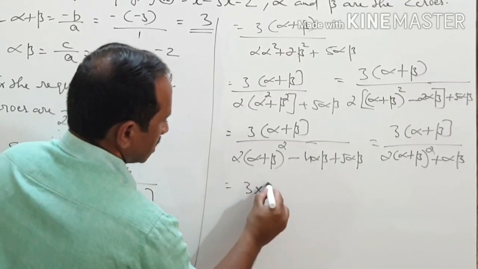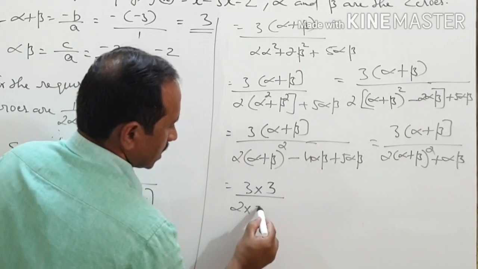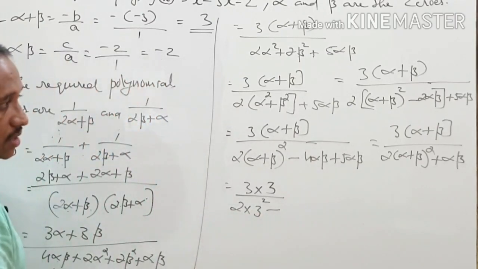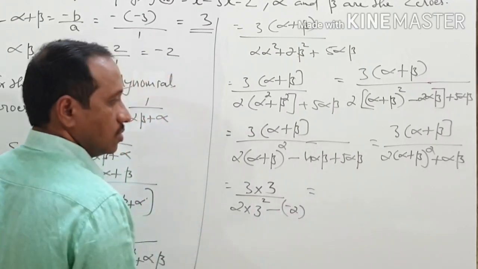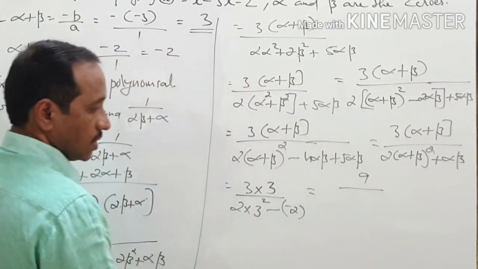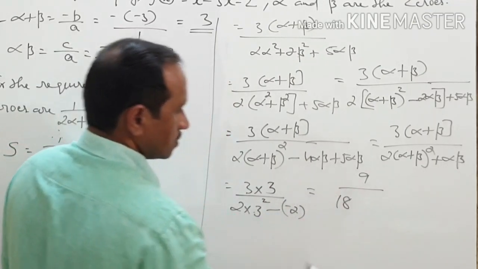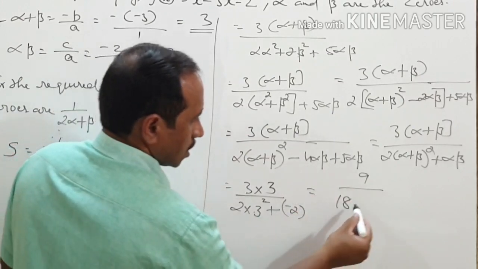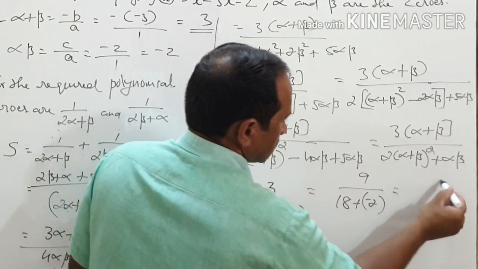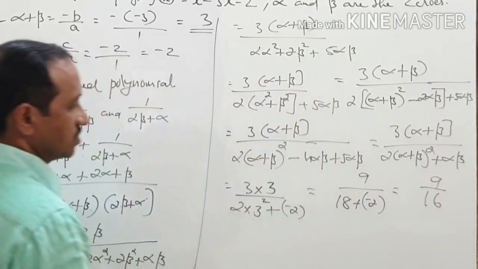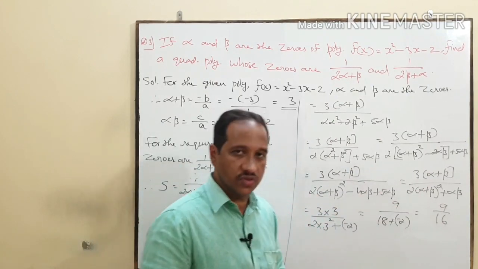That's equal to 3 into 3 divided by 2 into alpha plus beta, which is 3 square, plus alpha beta, which is minus 2. 3 into 3 is 9, 3 square is 9, 2 into 9 is 18, plus minus 2. 18 plus minus 2 is 16, that is 9 by 16. That is, the sum of the zeros is 9 by 16.